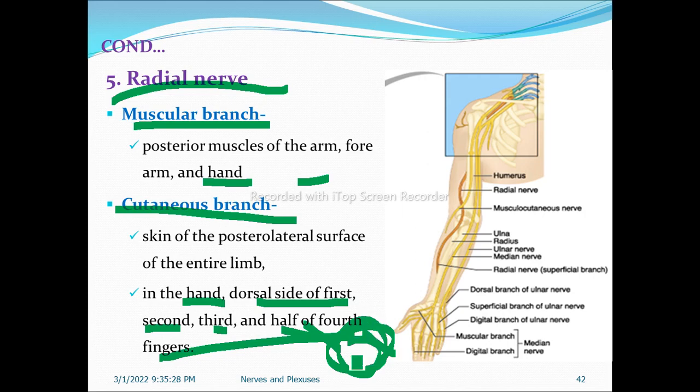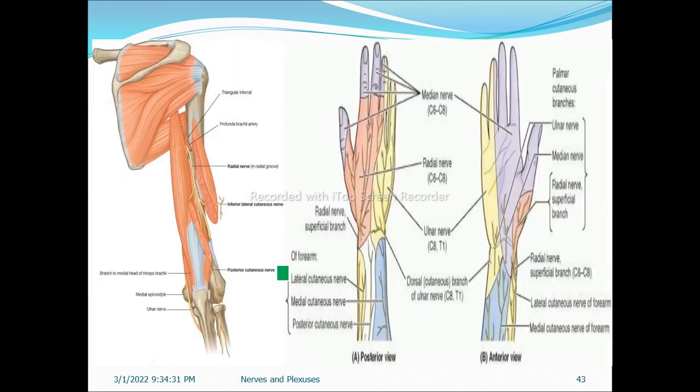Half of the fourth finger and the fifth finger are supplied by the ulnar nerve, so all the others are supplied by the radial nerve. First, second, third, and half of the fourth finger are supplied by the radial nerve. Half of the fourth and fifth finger are supplied by the ulnar nerve. So this nerve is known as the radial nerve.